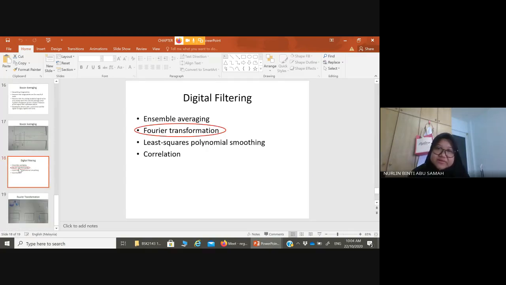For the digital filtering, basically we use the Fourier transformation. We also implement the ensemble averaging. In my opinion, ensemble averaging is the best one. We also have the least square polynomial smoothing, which is like what you have in your Excel.